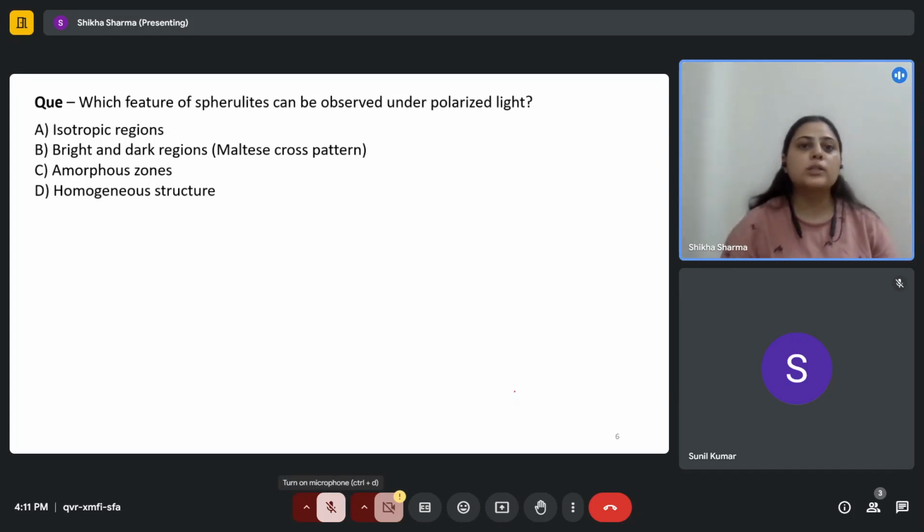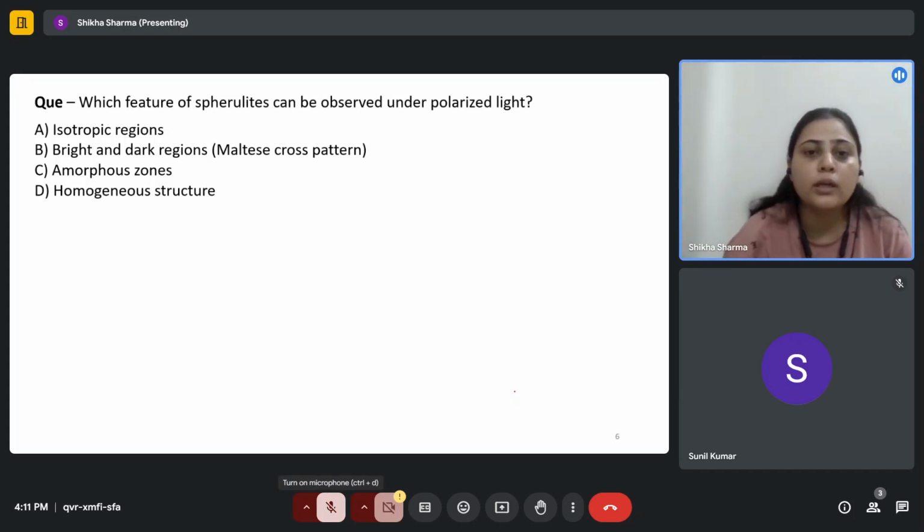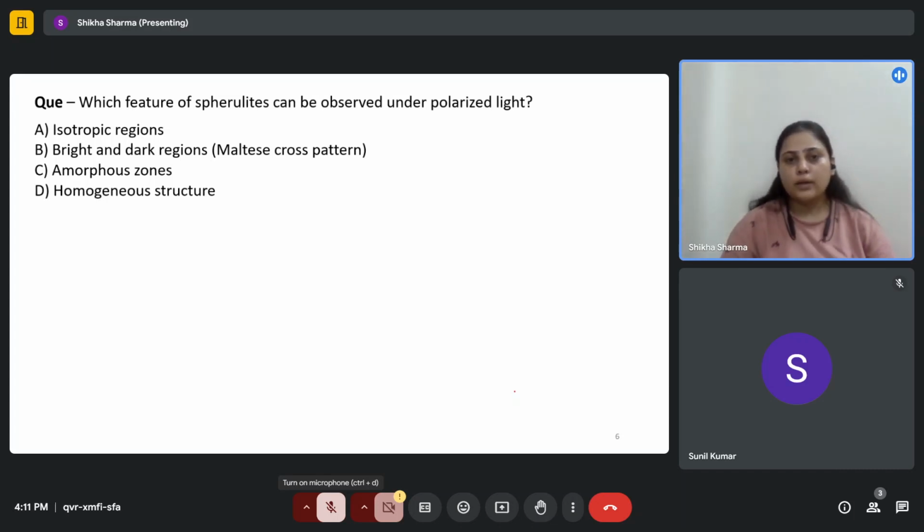First of all, spherulites are basically formed in crystalline polymers, right? First, nucleation will happen in the crystalline polymers, and then because of nucleation and growth the crystal will form. It can be of different structures, like monoclinic, triclinic, or orthorhombic.